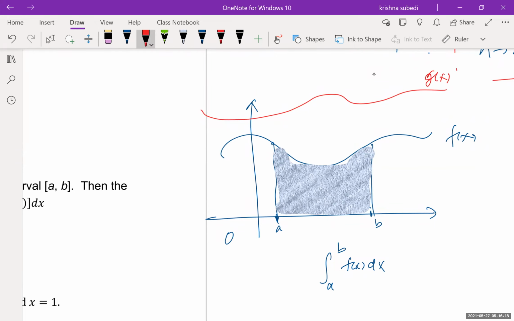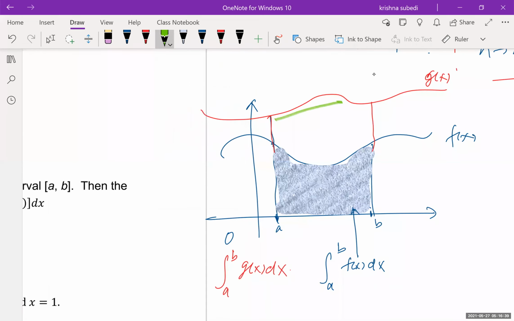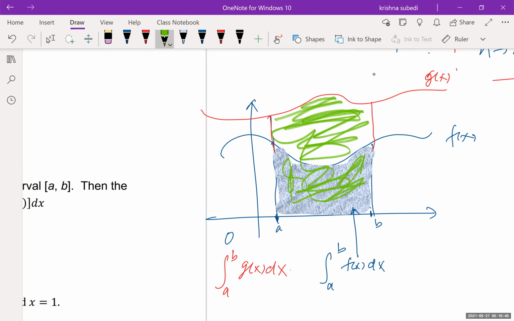Now, if I write the integral from a to b of g of x dx, then what does that mean? This represents all the area below this. So that means basically it represents this part plus this part, everything right below that.